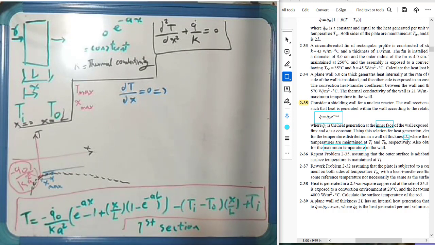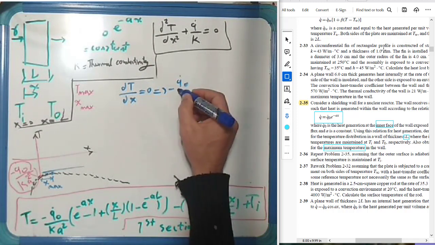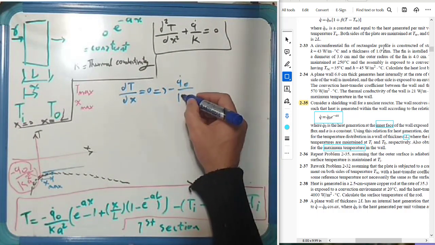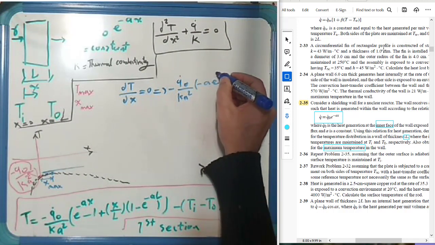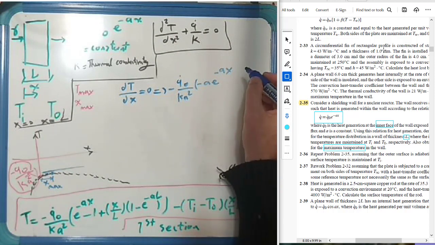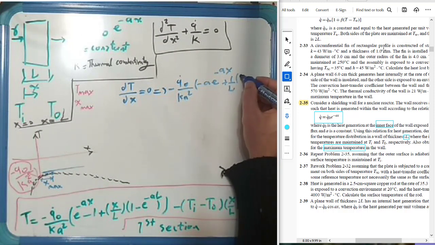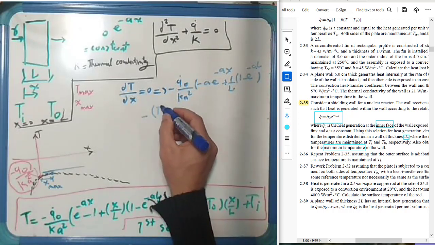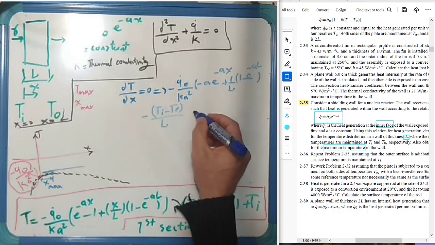It would be minus Q dot O over Ka square, minus a e to the minus ax, plus 1 over L, 1 minus e to the minus aL, minus Ti minus To over L equals 0.